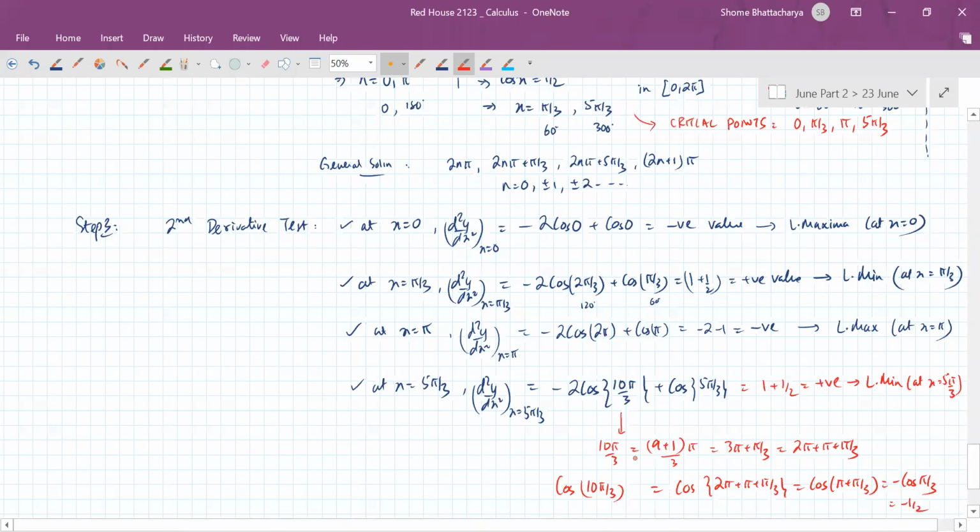Don't worry that they're lengthy and it's taking time to solve. It is for your learning purpose more than anything else. It will help you in trigonometry also. It will help you in physics also.